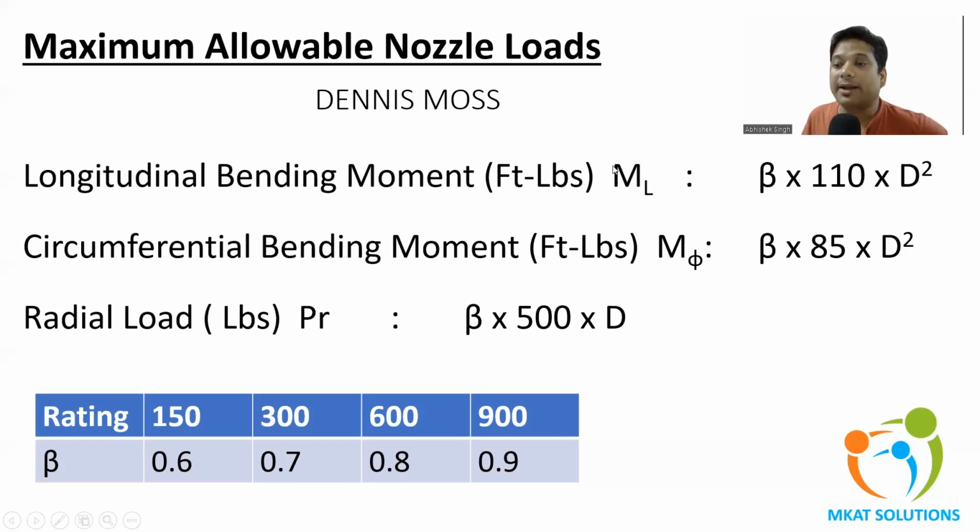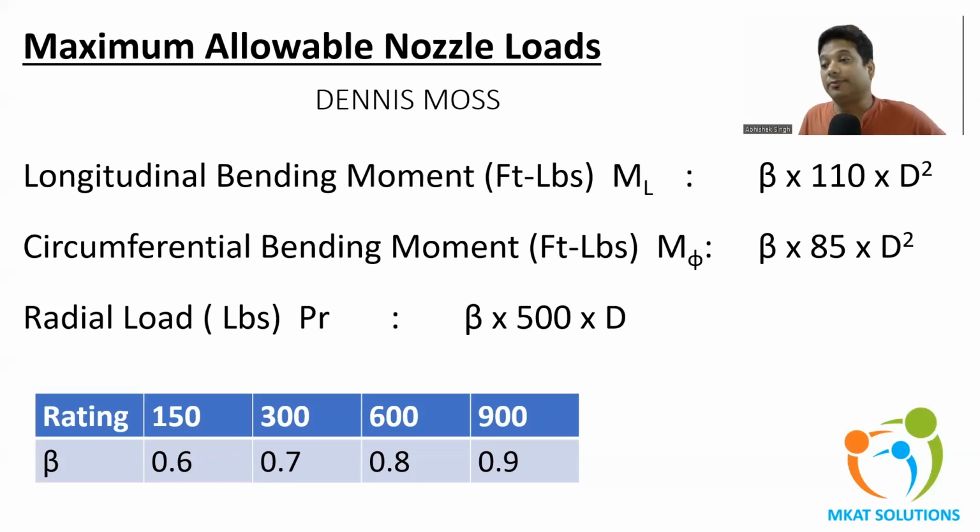Do M_L squared plus M_C squared and then take the square root. That will give the resultant of these two bending moments, and with that resultant we have to compare the final stress which is coming on the nozzles on formed heads.